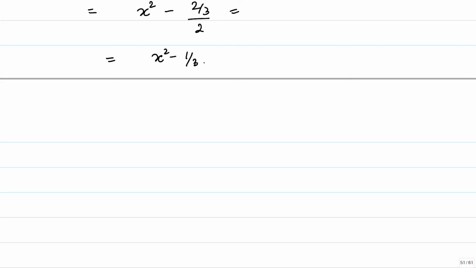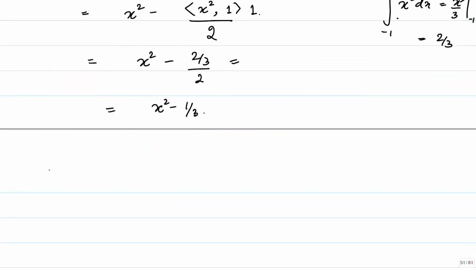So yes, we have W1 prime, which is W1 by the length of W1. This is just equal to 1 by square root of 2.